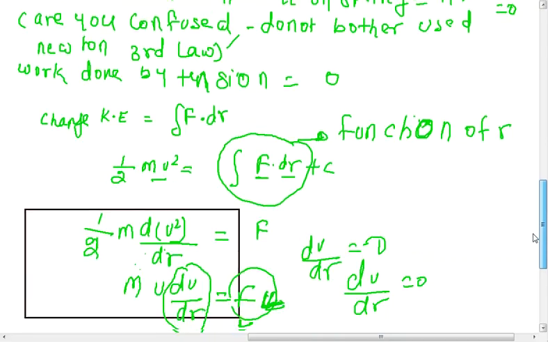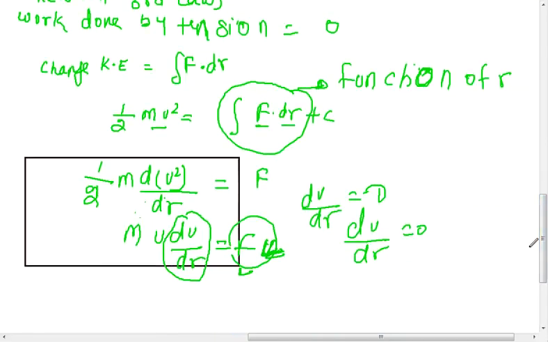After that we understood the condition for which velocity will be maximum, and how we know that at this condition velocity should be maximum. We analyzed the situation mathematically and proved that velocity will be maximum when force is 0, because for maximum velocity dv by dr should be 0, and if dv by dr is 0, then force becomes 0.